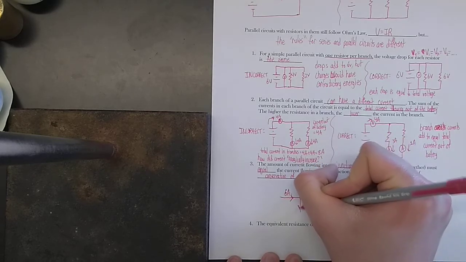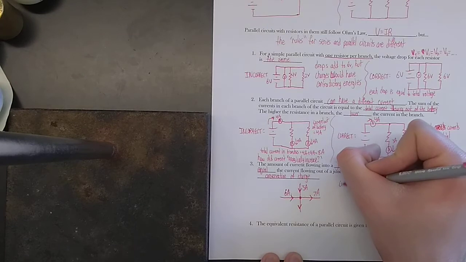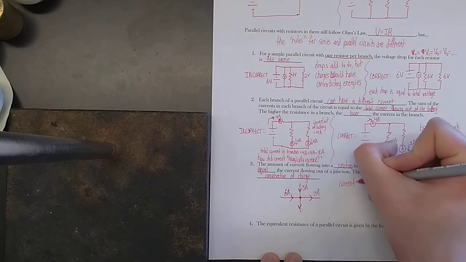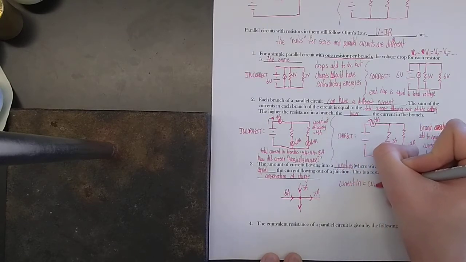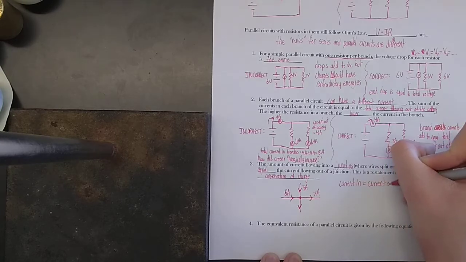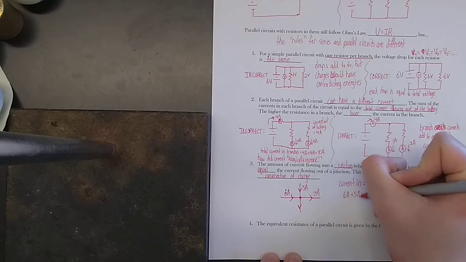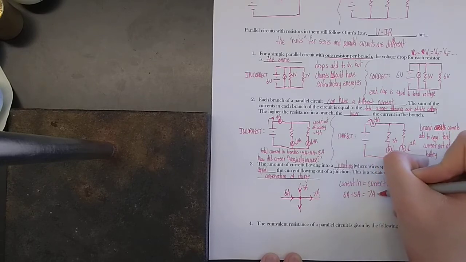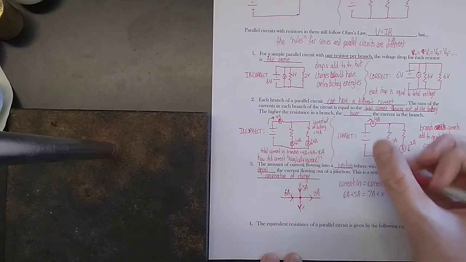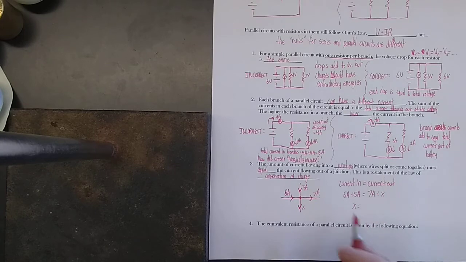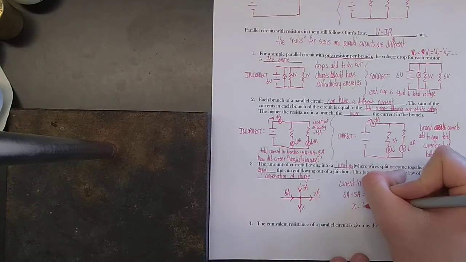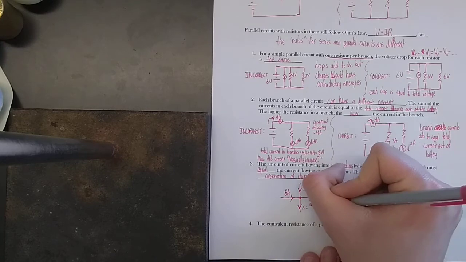How much current is flowing out in this direction? It's not really an equation, but you can still write it if you want. We have current in must equal current out because of the law of conservation of charge. 6 amps plus 5 amps are flowing in. 7 amps plus X is flowing out. X must therefore be, since 6 plus 5 is 11, minus 7, X must be 4 amps.